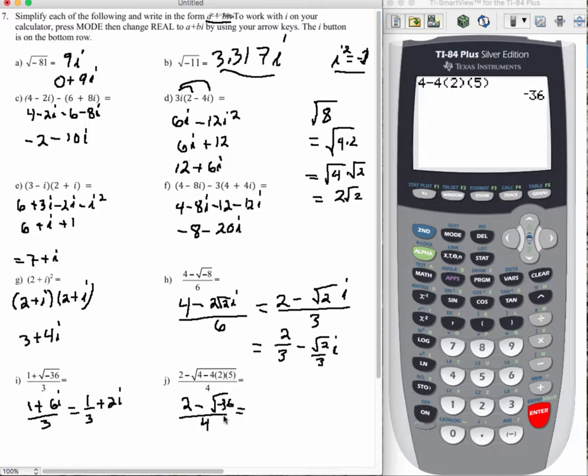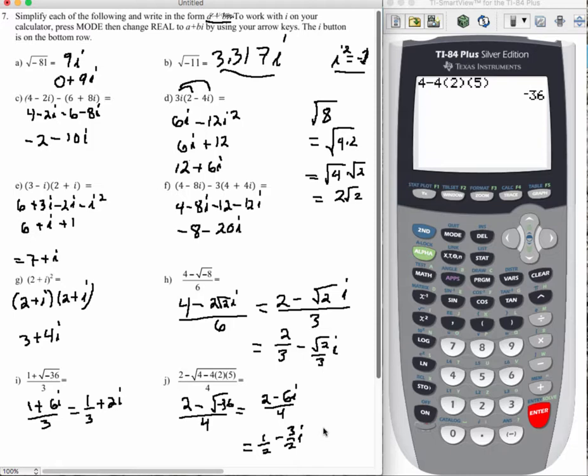Okay, as we just saw, the square root of -36 is 6i, so that's equal to 2 minus 6i over 4, and then we've got to break up this fraction here, so that's going to be 2/4, which is 1/2, and then 6/4, which is 3/2, times i.